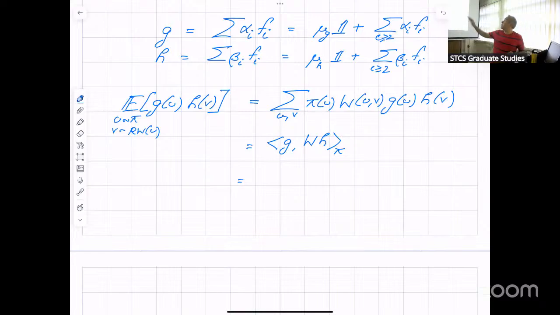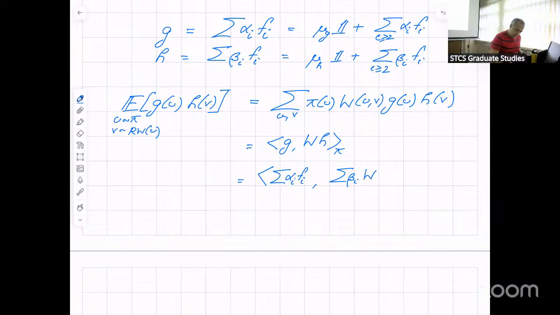You can write g in the eigenbasis and h in the eigenbasis, and when you apply W to h, you get summation beta I W fi.